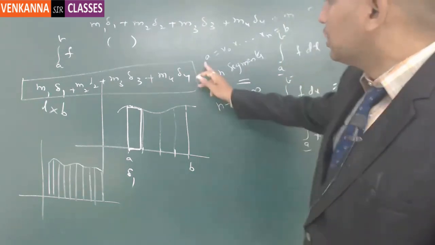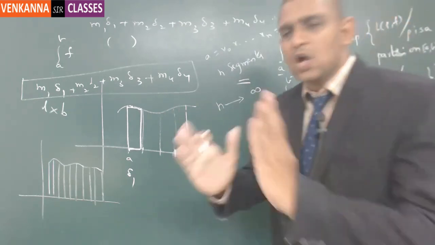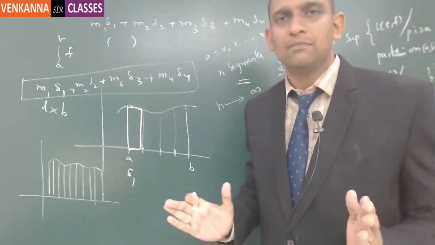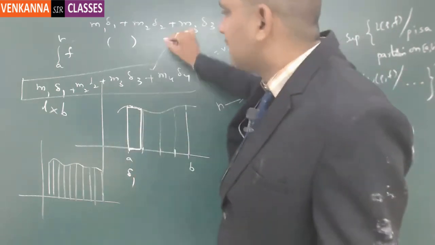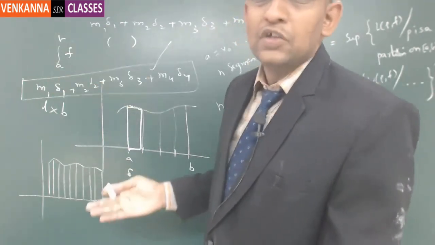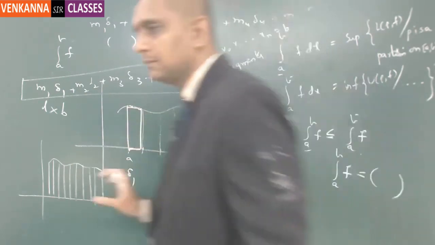In other words, you have bifurcated the interval into infinite parts, nothing but all the minutest points between A and B are considered. Then if you perform the same sum, whether you take the lower one or upper one, it will be nothing but approximating the region exactly.